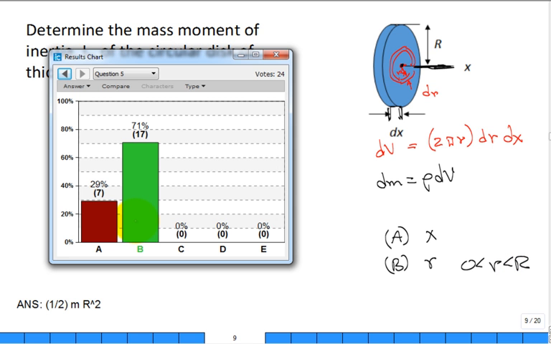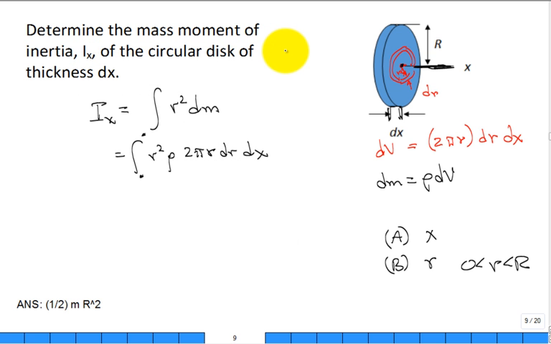So that's what I was looking for. So the rho comes out, the 2 pi comes out, we're left with r cubed. You can even pull the dx out. And then we have the integral of r cubed, which is 1/4 r to the 4, evaluated 0 to cap r. So what do we pick up?